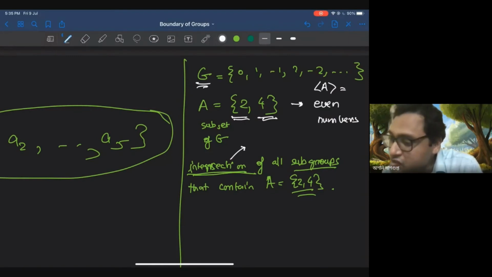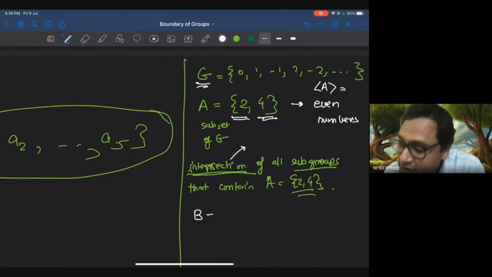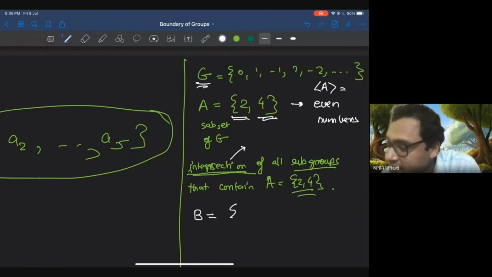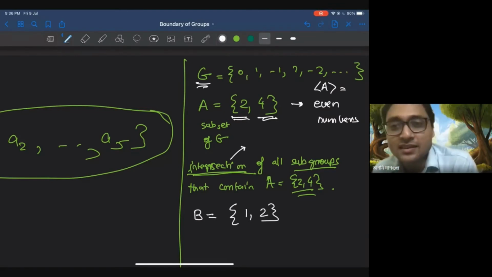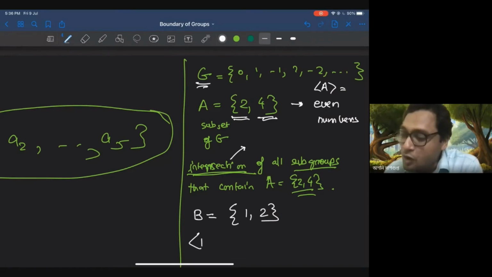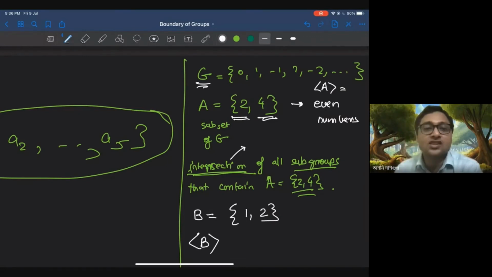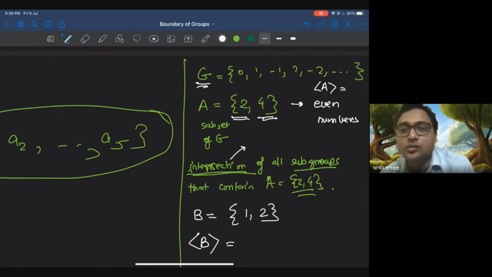Okay, now let me change that. Take another set B, and let's take 1 and 2 as B. So what is the intersection of all subgroups generated by B? Okay, Shubharna Ghosh has raised hand. Go ahead, Shubharna. What do you think?